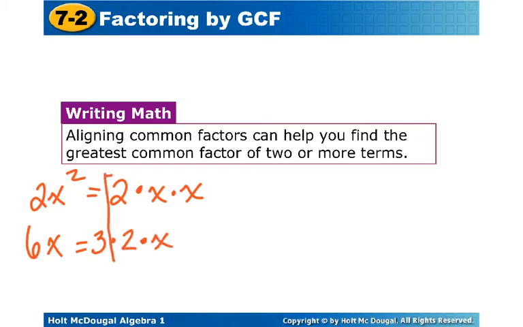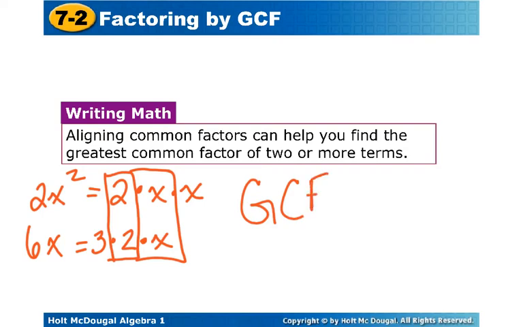So just aligning those terms now in order to find the greatest common factor. In this case, the GCF would be 2x. Okay, so that's what it means when it says align the common factors.